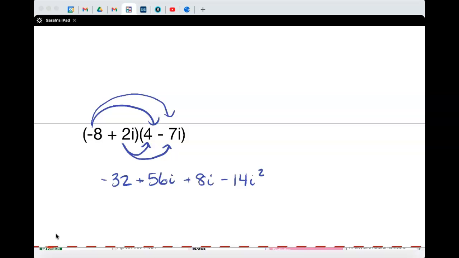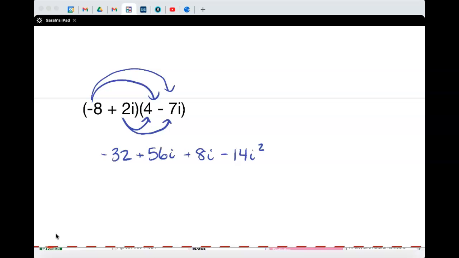So now we just need to simplify all this together. Okay, so those are like terms. 56 plus 8 is 64. Okay. And then i squared equals negative 1, so replace it. And that'd just be 14.